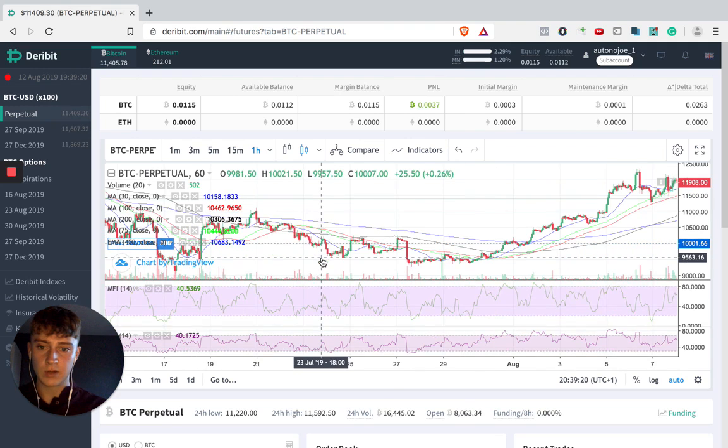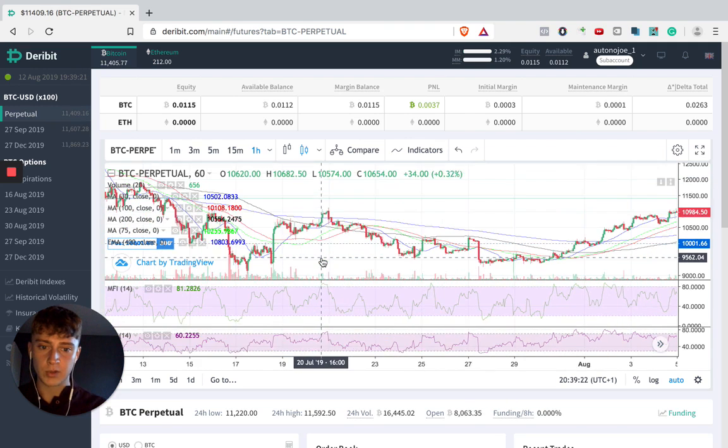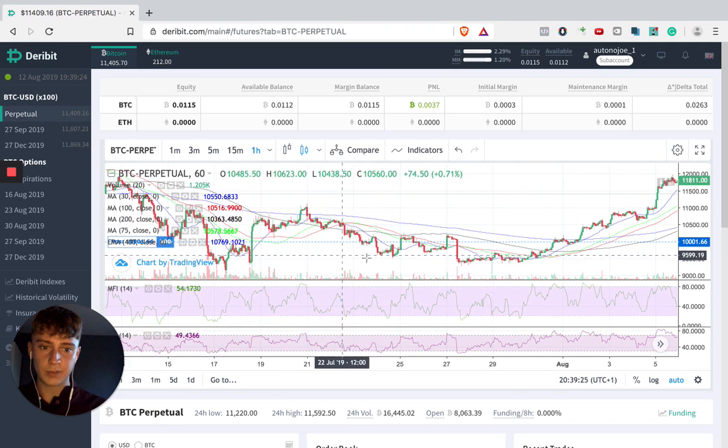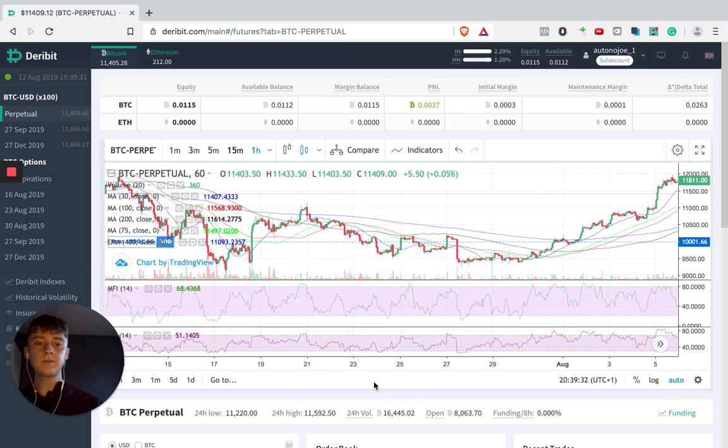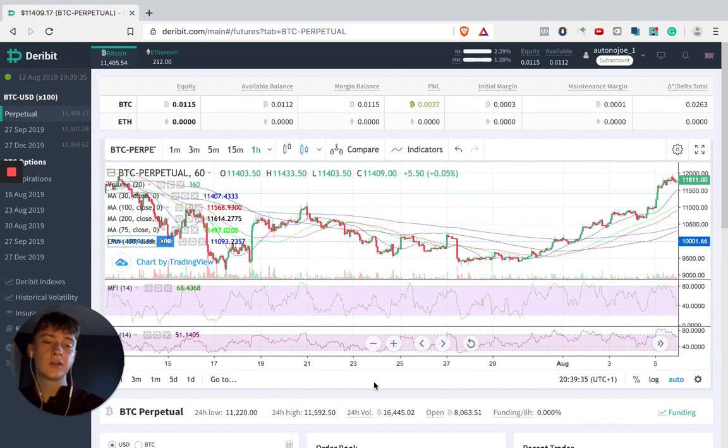It was quite a while ago, but I think maybe it was around here. This is on the hourly chart. I'd go away and learn a few simple technical analysis skills.